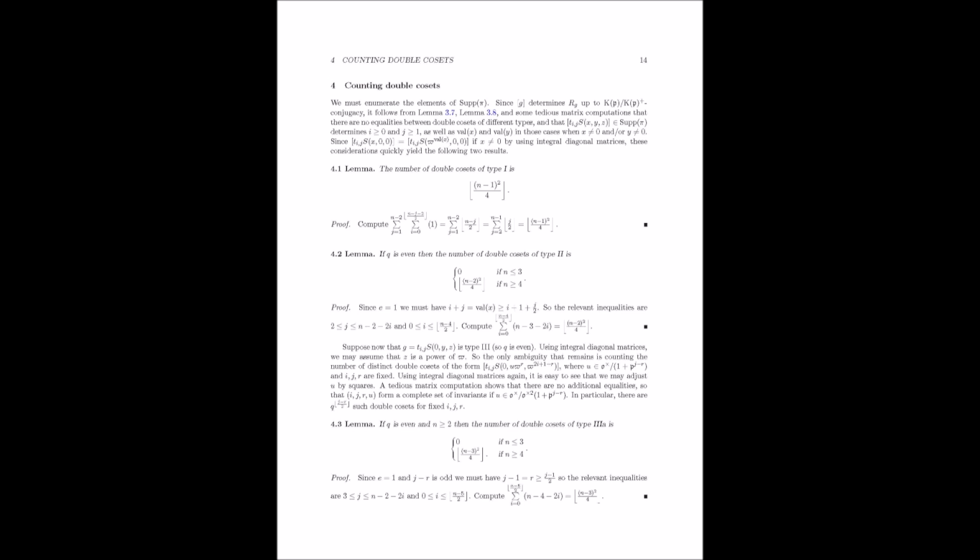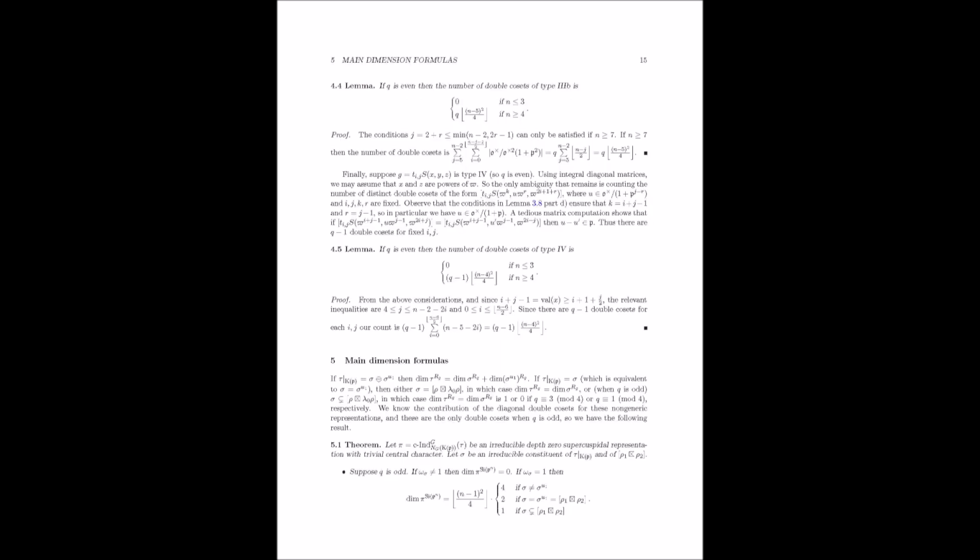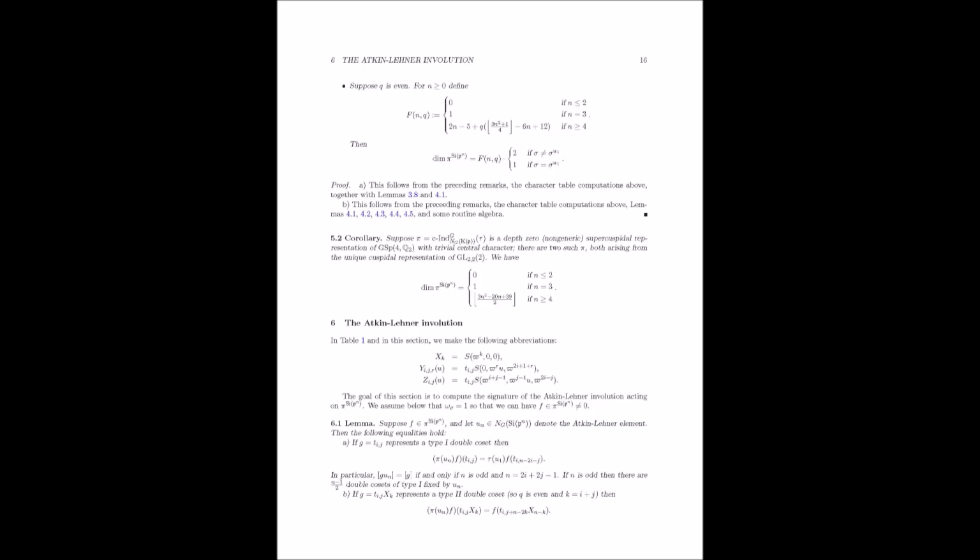For instance, in Part A of Lemma 3.2, he considers a specific subgroup R of GL2 2Q, and shows that only elements of a particular form within R actually contribute to the dimension calculation. He then cleverly utilizes the character table of GL2Q to calculate the character values for these special elements, leading him to the dimension formula.